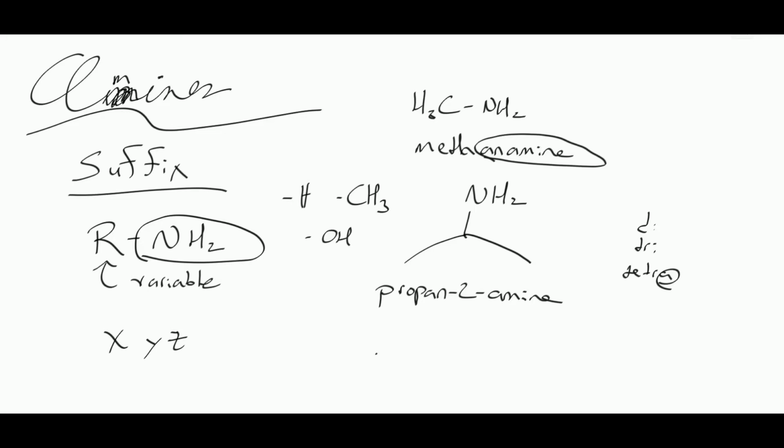Now, notice that you have to put the number on for this guy, no matter where it is, because it could be propan-1-amine. So this isn't like the methyl group that can only show up in one spot. You're always going to have to put the number on there. Now, in addition to changing the suffix, this also changes the rules for how you decide which chain is the main chain.